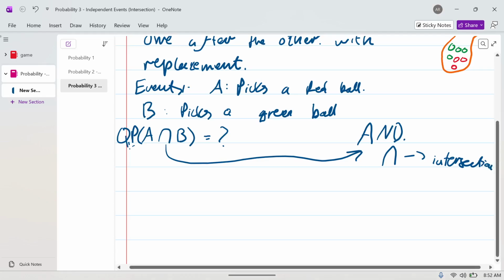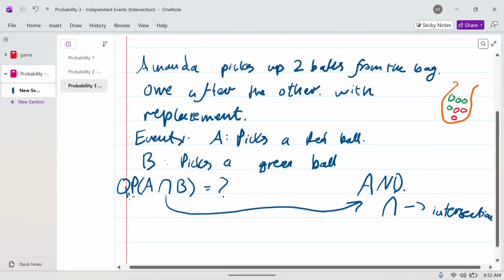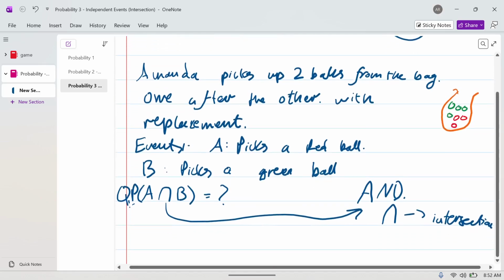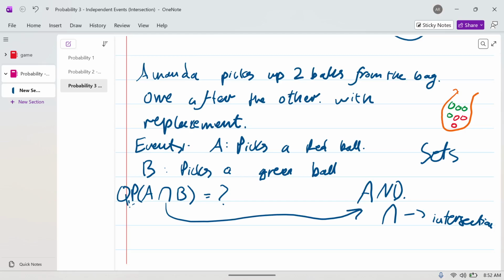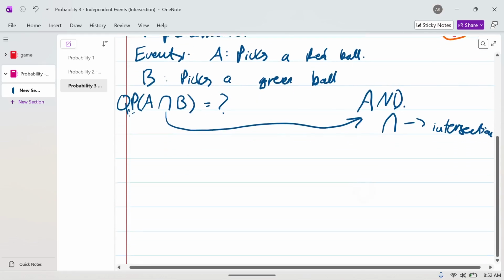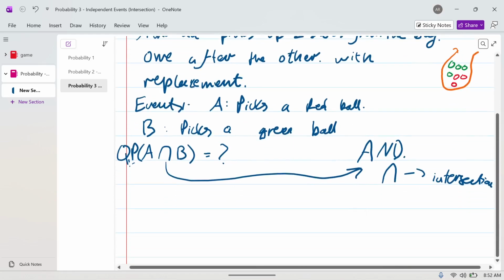I don't want to dive into the details, even though I can. It's more like the sets and stuff. If you've learned about sets in O levels, you would have known what an intersection actually is, but I don't really think it's worth wasting time on right now. Okay, so this is just what intersection actually is.